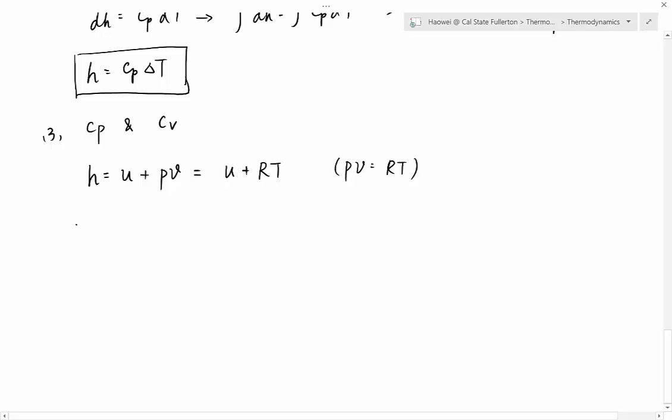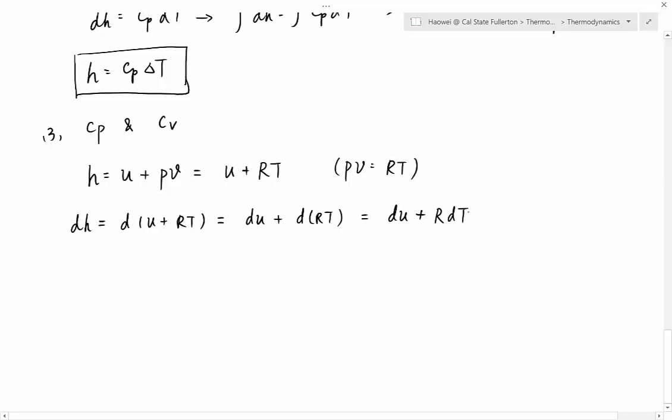So the left-hand side becomes dh. The right-hand side becomes d(u plus RT). And then we can expand the right-hand side: du plus d(RT). We keep du. However, R, which is the gas constant, if R is constant, you can pull it out. So it's R times dT.